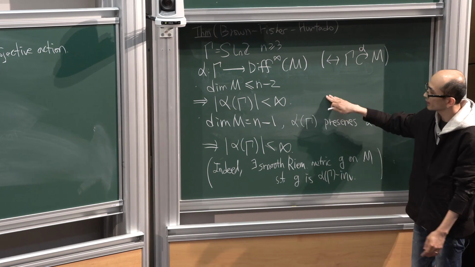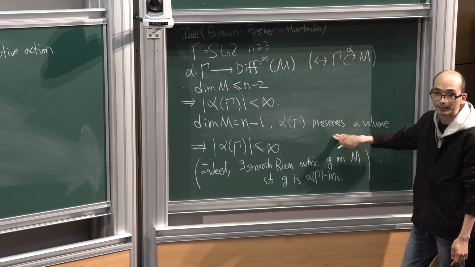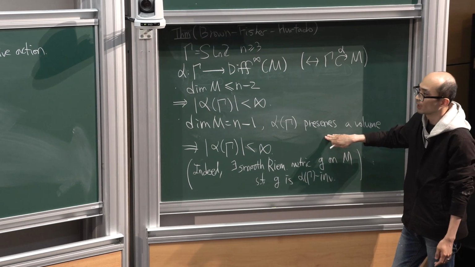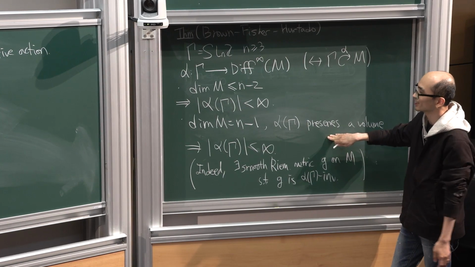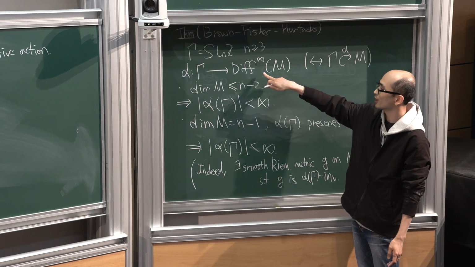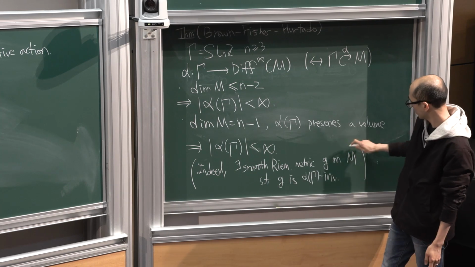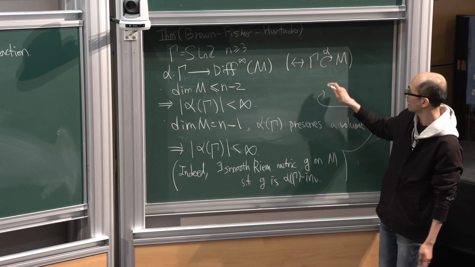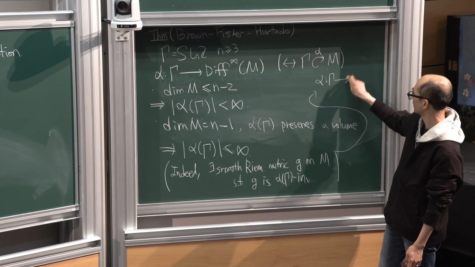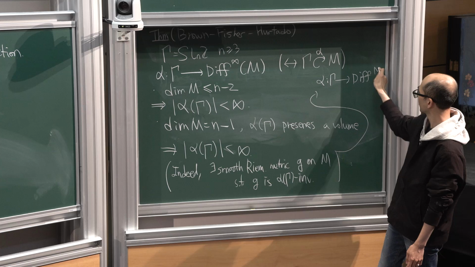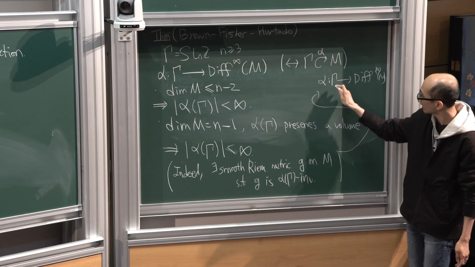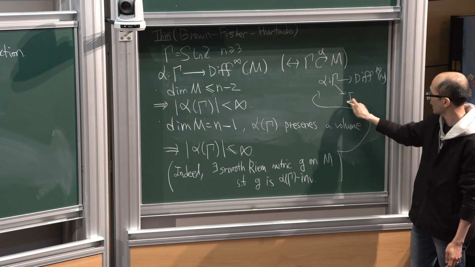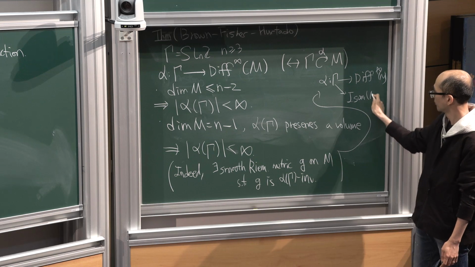So actually they showed that the action is isometric. And if you know that the action is isometric, then your alpha, coming from Gamma to Diff(M), actually has a homomorphism that factors through the isometry group with respect to g.